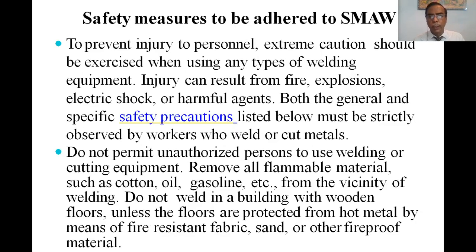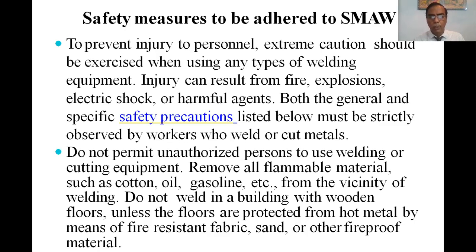Safety measures to be adhered to in SMAW to prevent injury to personnel. Extreme caution must be exercised when using any type of welding equipment. Injury can result from fire, explosions, electric shock, and harmful agents. Both the general and specific safety precautions listed below must be strictly observed by workers who weld or cut metals.